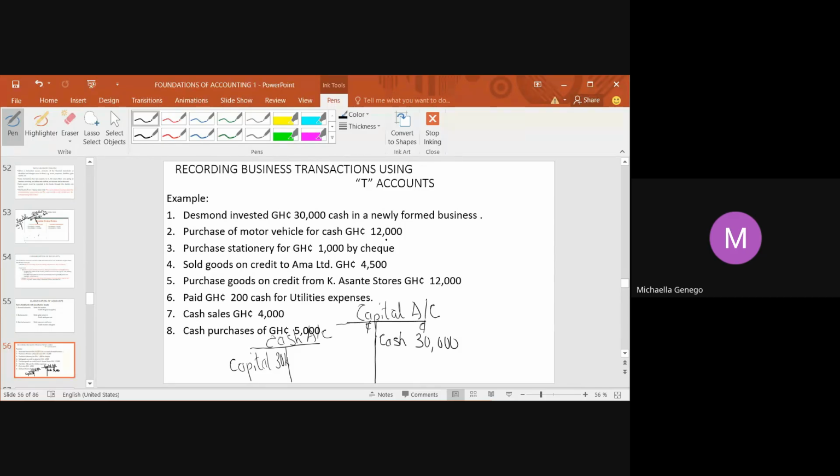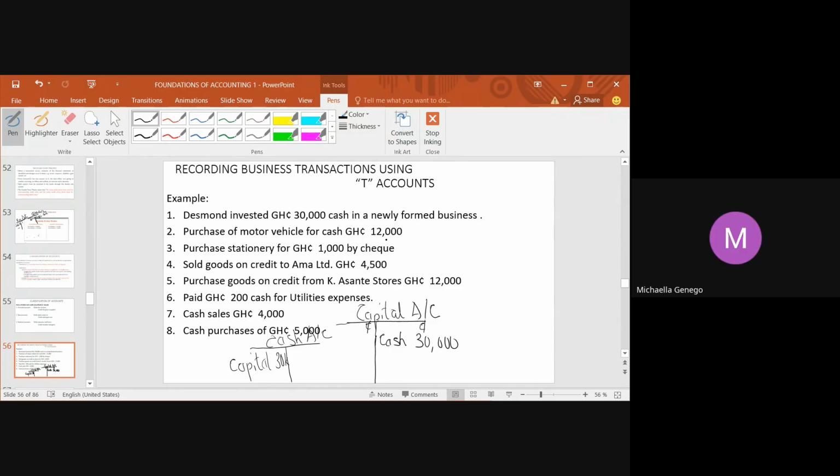We have motor vehicle account, and it's telling us that it's for cash, so we would also have cash account. If it was silent on it being cash or check or bank or whatever, then we would have purchases account.